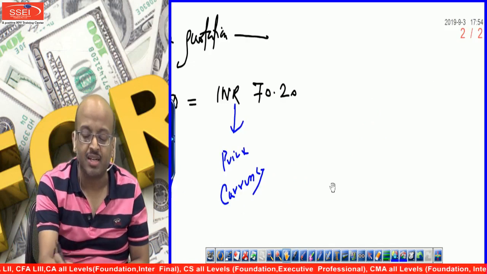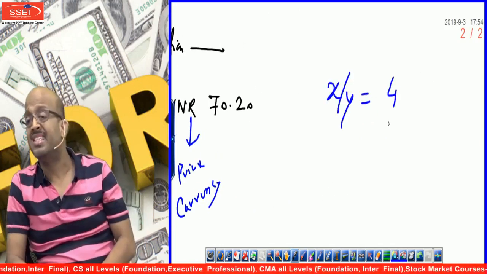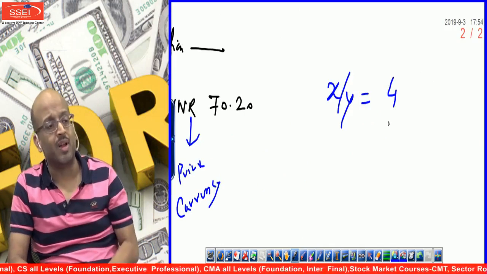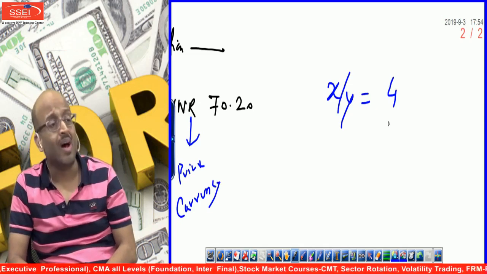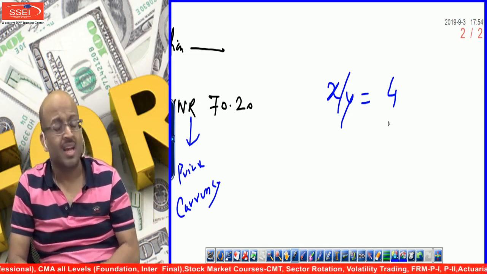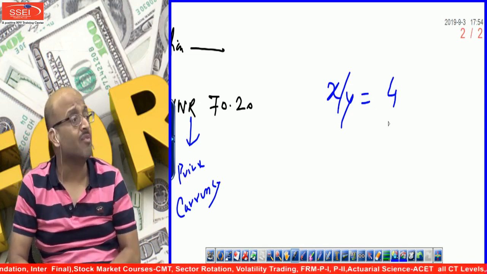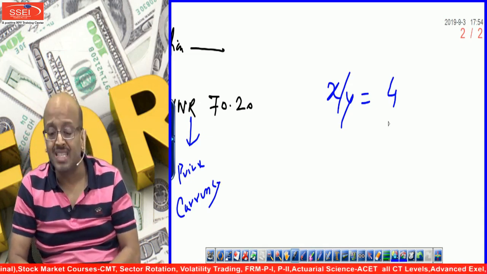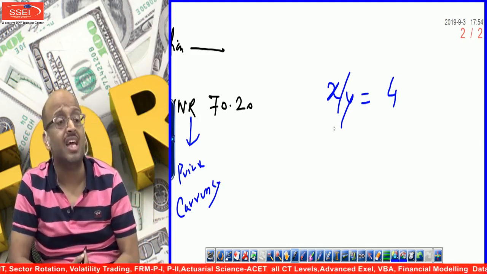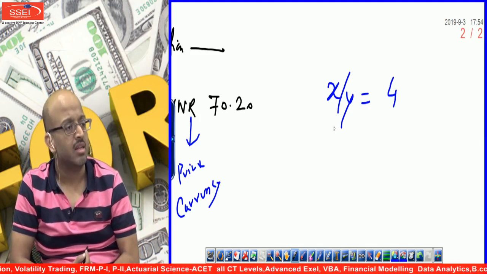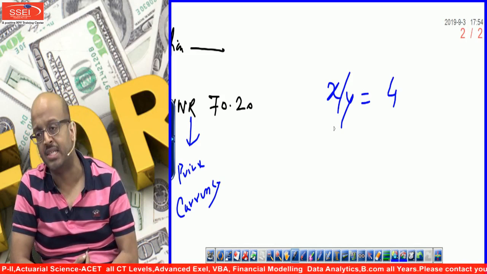When it's written X by Y is equal to 4, this has two different interpretations. One is 1Y is equal to 4X, and the other is 1X equal to 4Y. Which means that when this oblique sign is given in between, there is a confusion as to which one is the base currency.